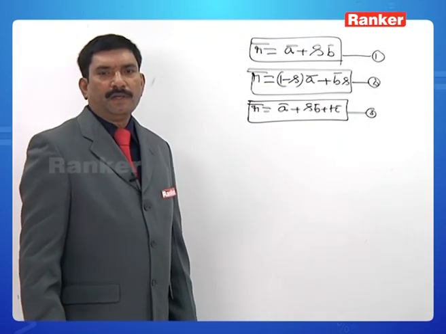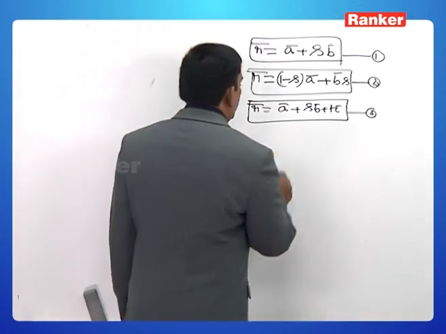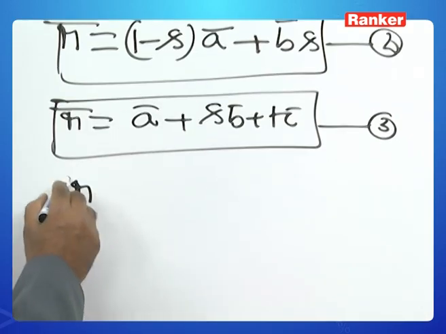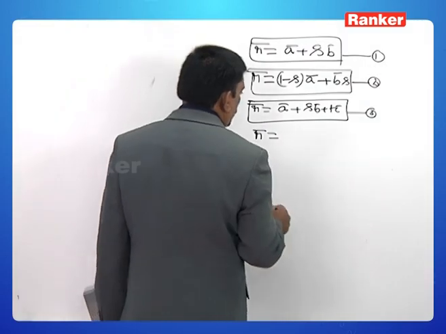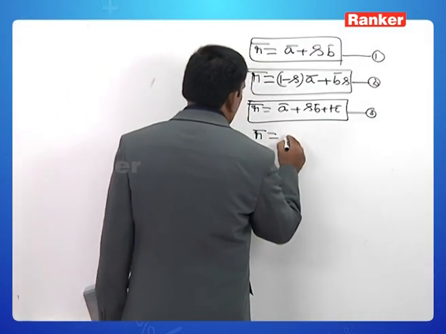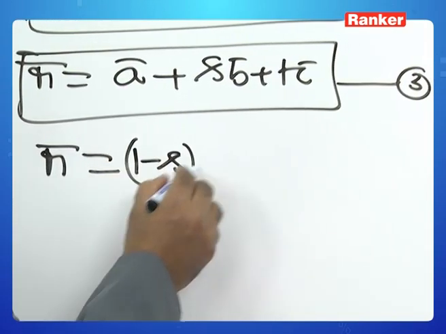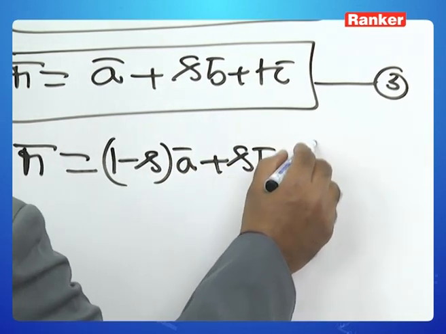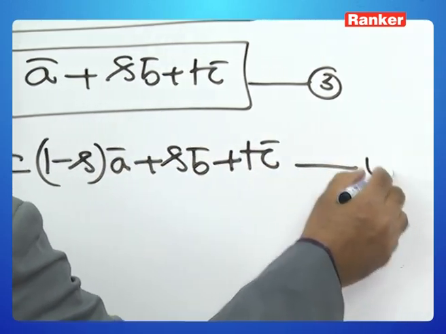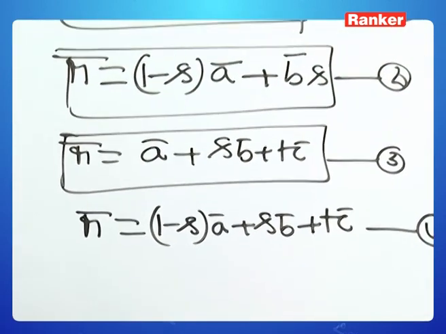Next, the vector equation of a plane passing through two non-collinear points A bar and B bar, plus a vector C bar, is (1 minus s) into A bar plus s B bar plus t C bar.